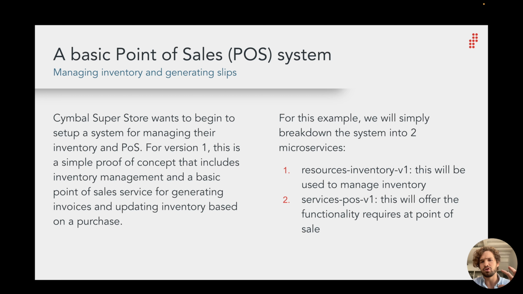And all this is going to include for version 1 is some form of inventory management where we can keep track of products that the store is stocking and the quantity and price of those products, and then some basic point of sale system for generating slips based off of the quantity of products that a user is buying, and then referencing the back end to check the price and then update the available stock depending on the quantity purchased. And so it's going to consist of two simple microservices: resources inventory v1 and services POS v1.